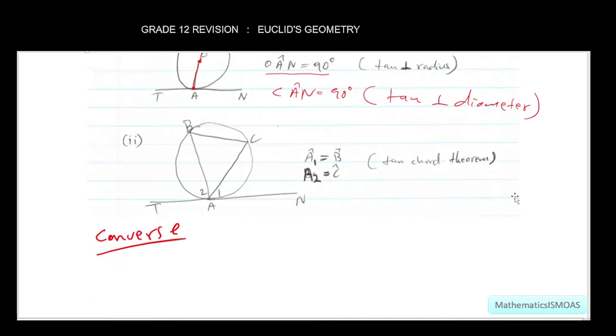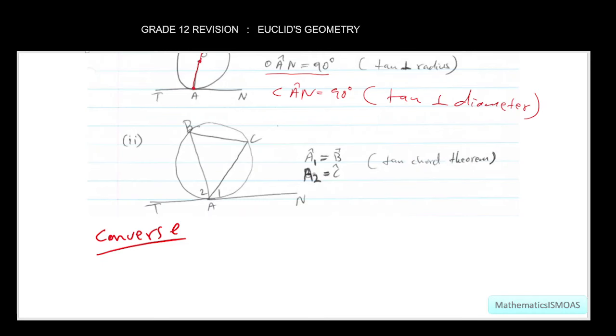And then number 2, under the tangents, we are having what? The tan-chord theorem. Tan-chord theorem says an angle between a tangent, what is our tangent? Our tangent is TAN. An angle between a tangent and a chord. Which angle is that one? It can be angle A1, it can be angle A2.